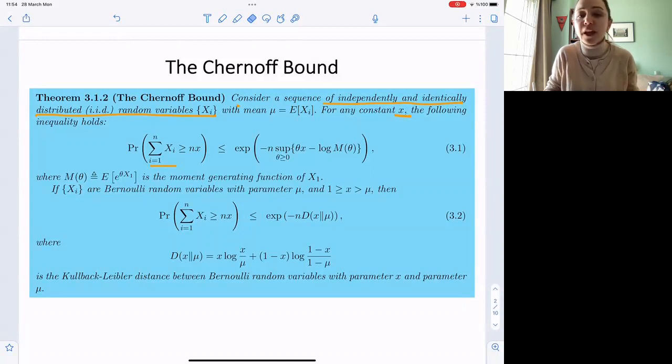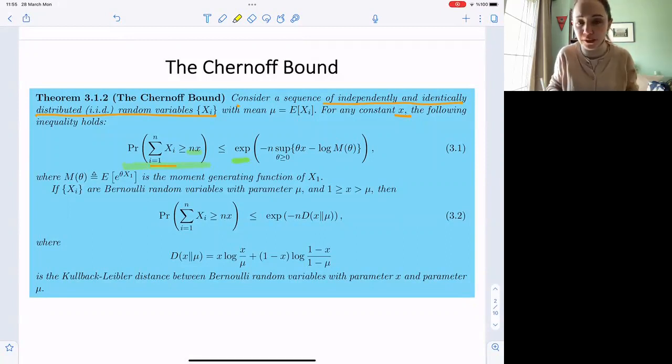For example, if the random variables are positive values and x is 0, then the bound is useless. Clearly, the probability is 1. But for values of x around the mean, the bound is going to be very useful. And the bound says this probability is upper bounded by this expression.